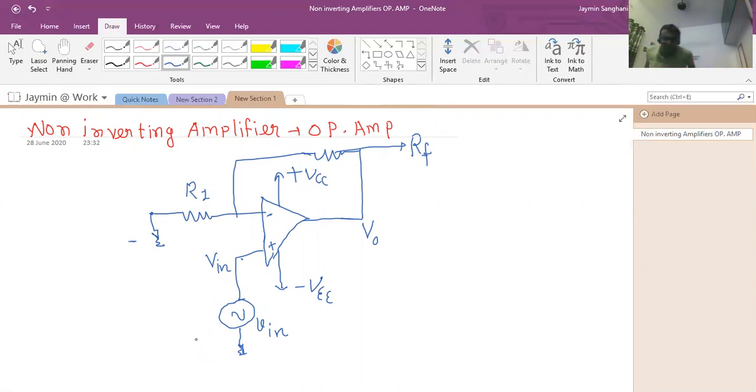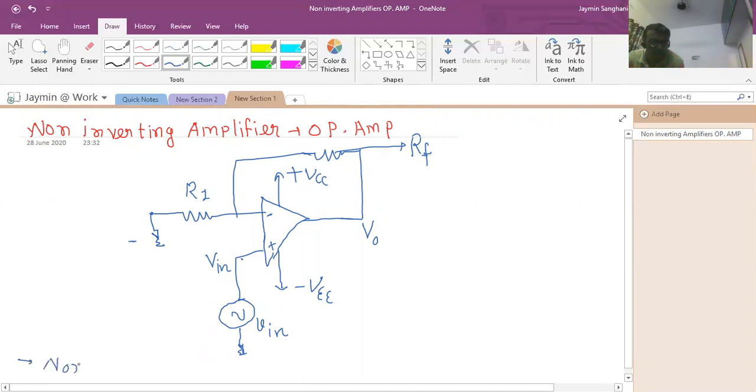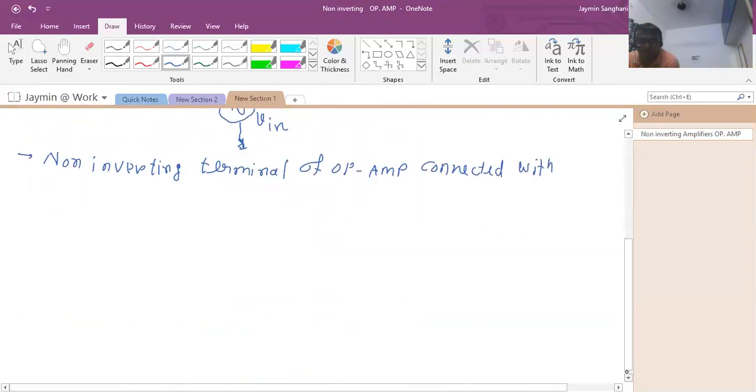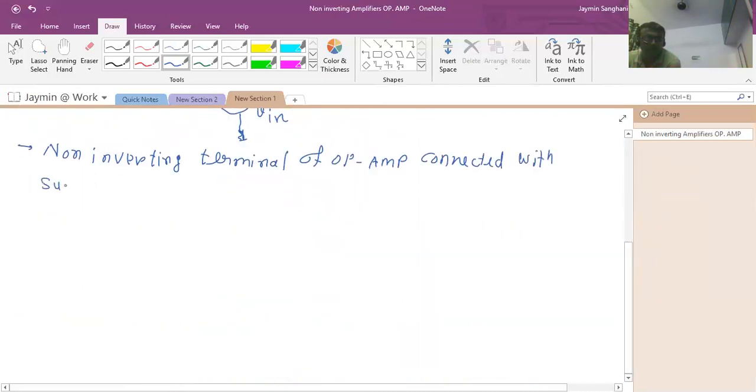See here, I have written clearly: non-inverting terminal of op-amp connected with supply voltage V in.